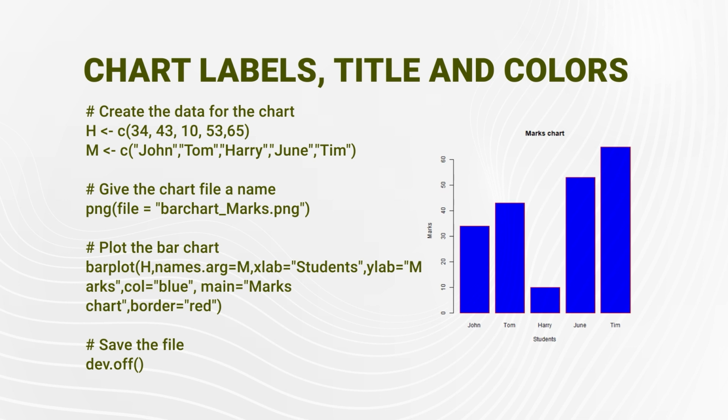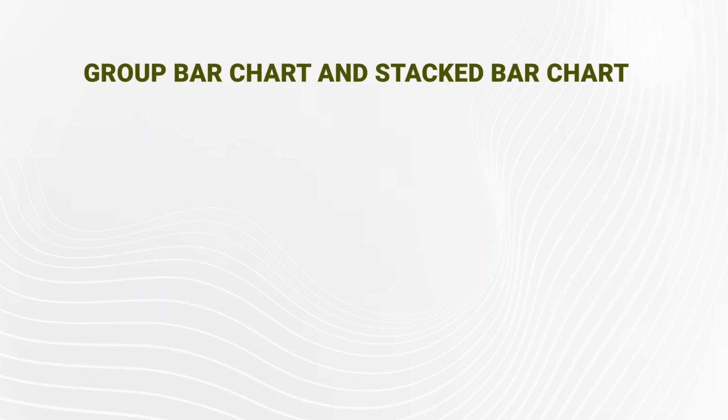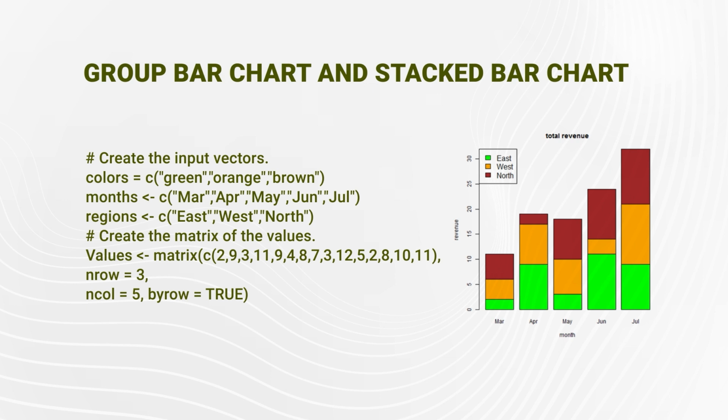Similarly, if you want to draw a grouped bar chart or a stacked bar chart, you can again use a very simple piece of code, which is shown in front of you. Here you can see there are three particular sets given: colors, months and regions. Regions are east, west, north; months are March, April; and colors are green, orange and brown.